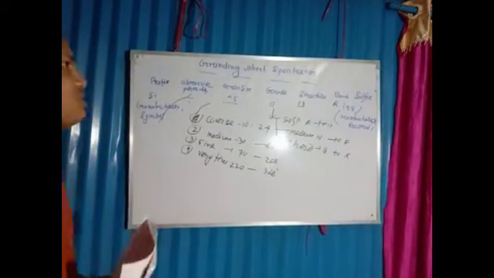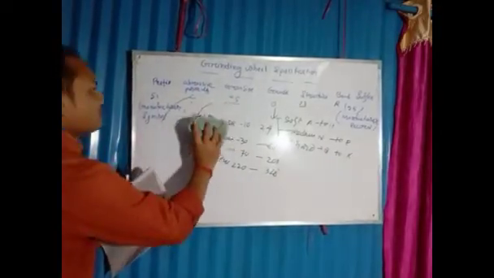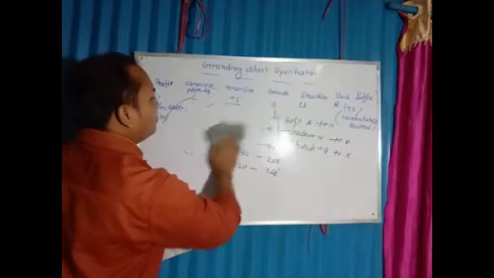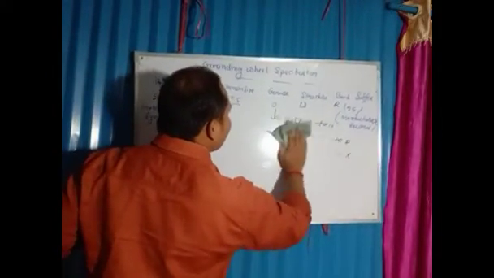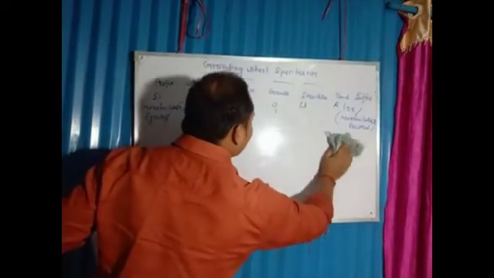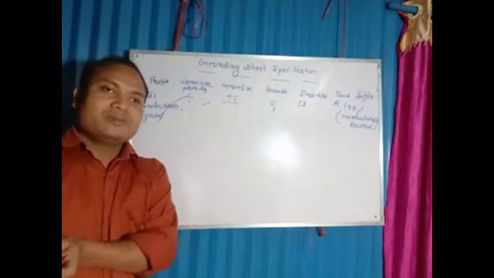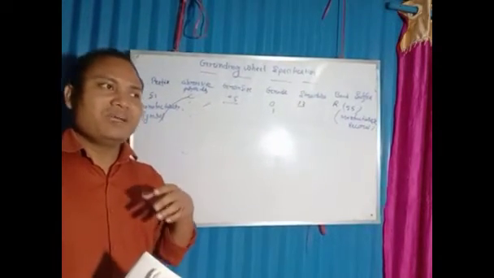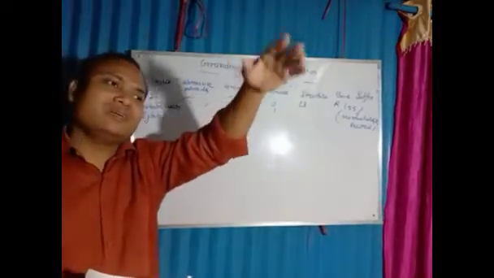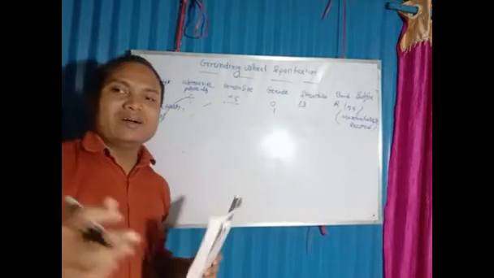Next point, structure. I have to erase the board, because otherwise I cannot write on it, as the space is not available and the board is small. Structure means, for example, there are two persons. Both look the same, but one person is very tall and another is short, and one is very fat and another is very slim.